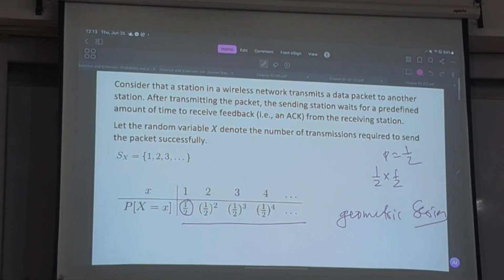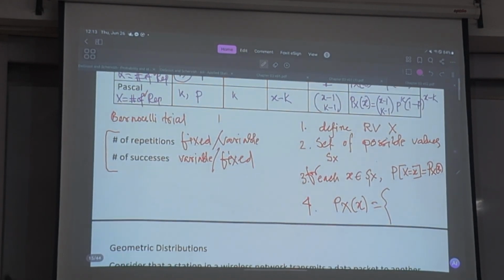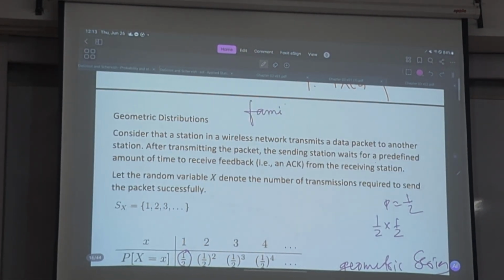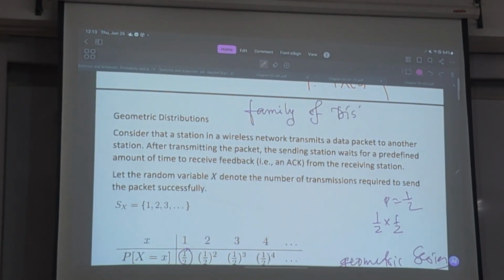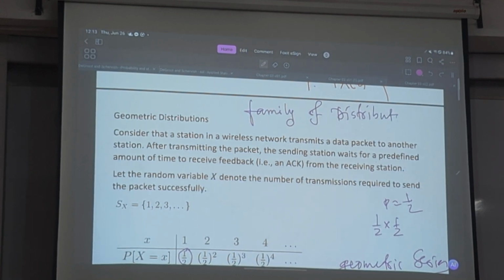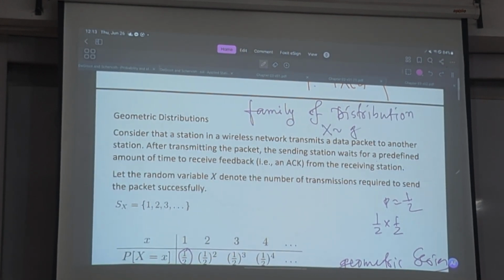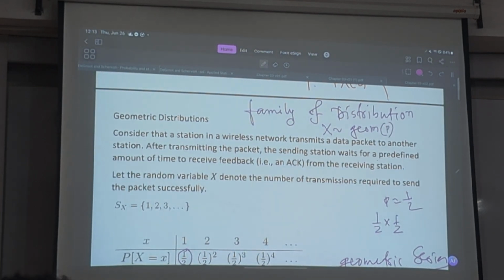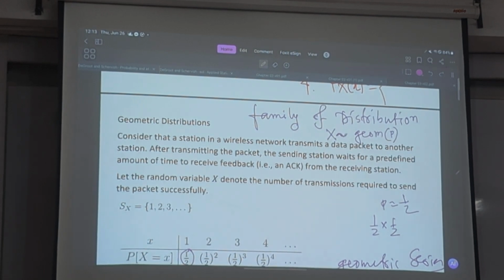the geometric distribution. Furthermore, we usually use the term family of distributions. Did I discuss this one in an earlier class? We use the term family of distributions to indicate that... I showed you that, right? We usually write geometric in this way, X, then this character is known as tilde, right?